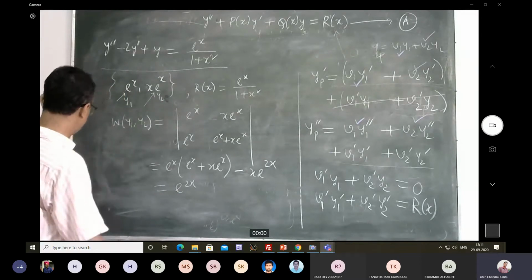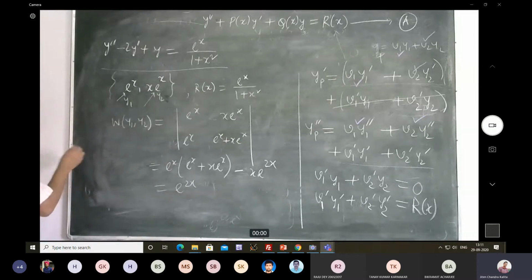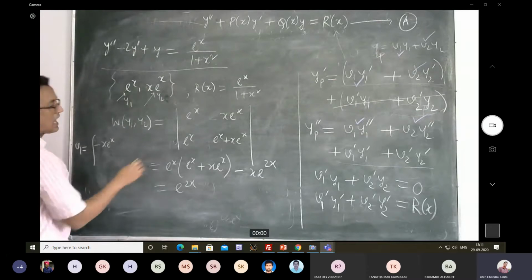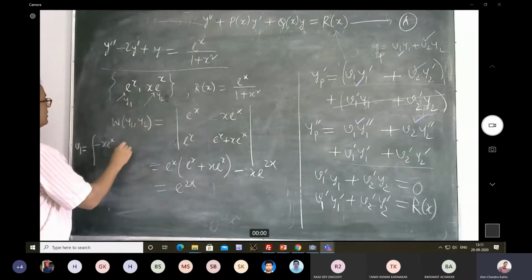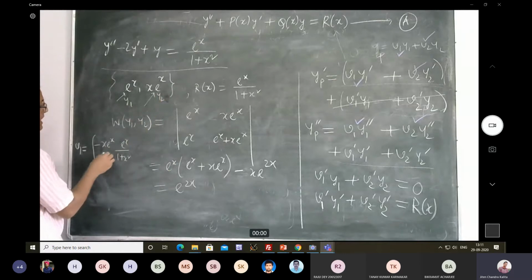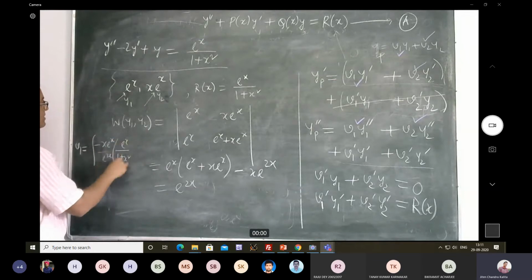So that is why your v1 prime, that was what? Minus y2. Y2 is x e to the power x, okay? r(x) is e to the power x times (1 plus x squared), and then divided by the Wronskian. Wronskian is e to the power 2x.